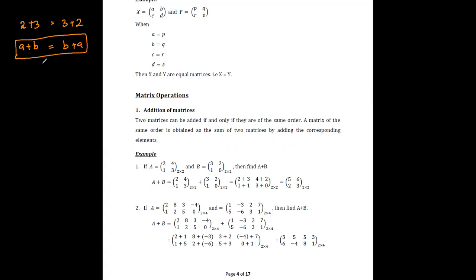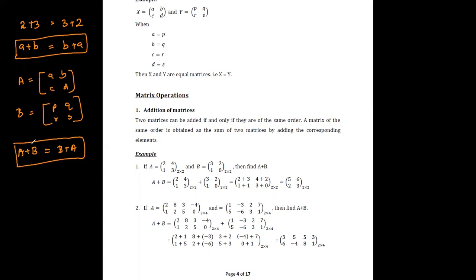For matrices also, we may have that equality. If we have matrix A as A, B, C, D and matrix B as P, Q, R, S, then the addition of A and B will definitely be equal to the addition of B and A. Therefore, we can simply say that A plus B is equal to B plus A.